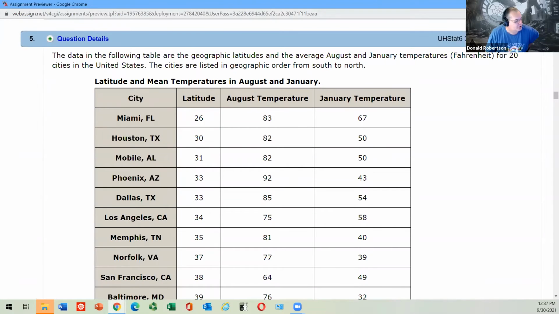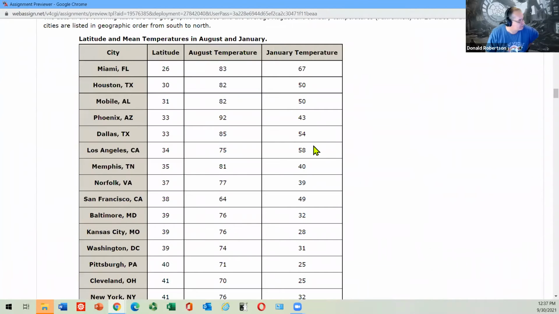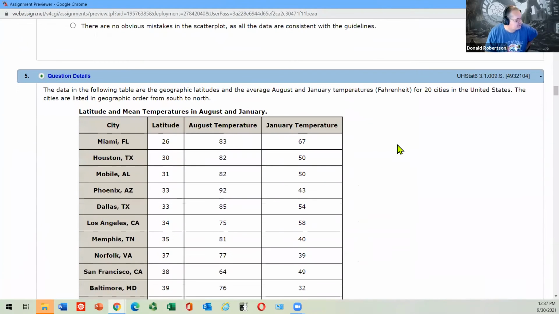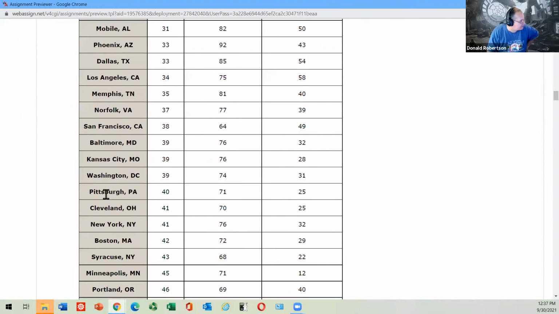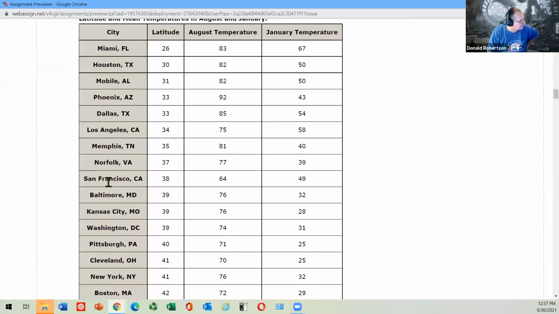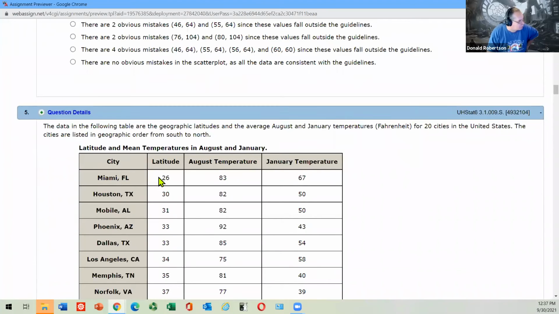Here is a question where the data is given to you as a table. So let's explain the data before we do the scatter plot. Here are various cities in America, obviously not all of them. And we are going to compare latitude, which is basically how far north or south you are. You know, longitude goes this way and latitude goes that way, right?